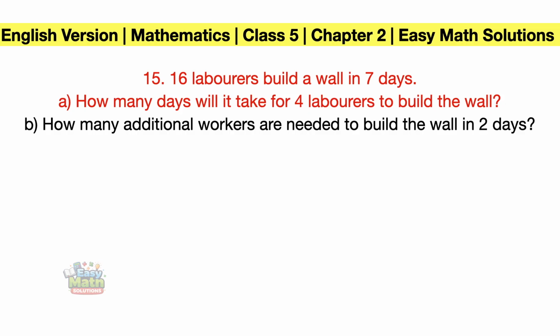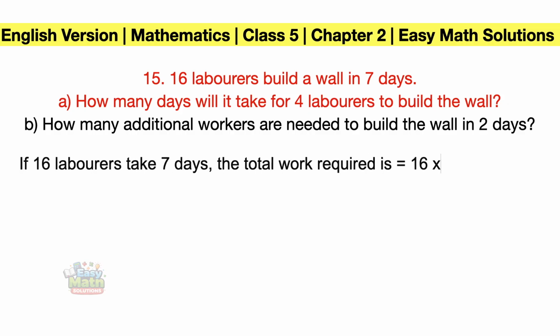Let's see. Number A, how many days are needed for 4 laborers? If 16 laborers work 7 days, that means total work equal to 16 into 7 equal to 112 days.